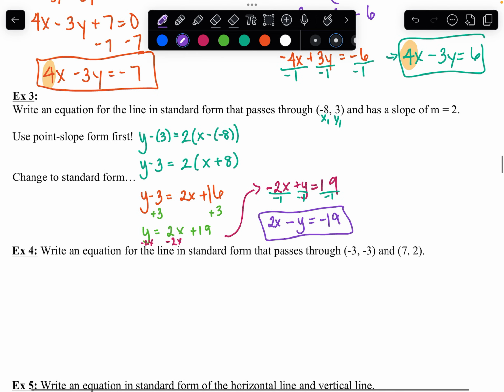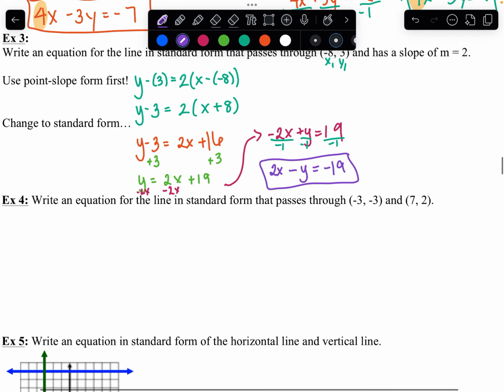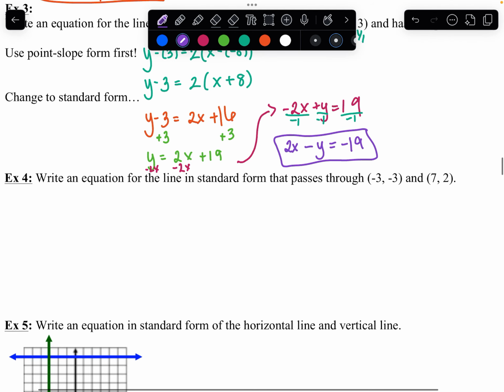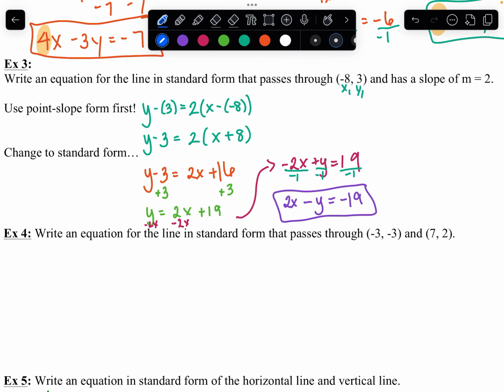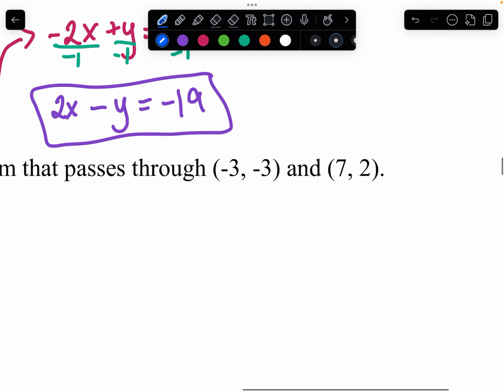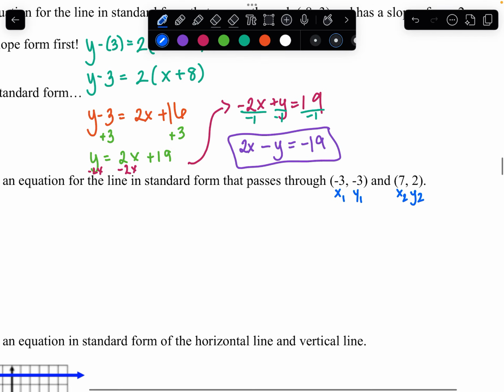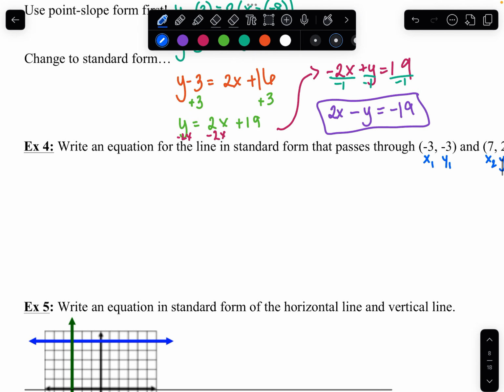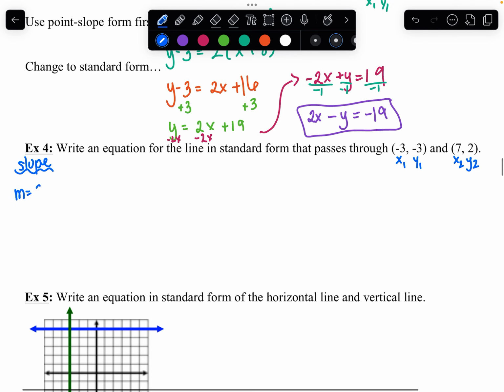Okay, here we go. We're now going to write an equation given 2 points. Hopefully you're starting to realize that we just keep building on. So this is x sub 1, y sub 1, x sub 2, y sub 2. The first thing we need to do is find the slope of our line. So our slope is y sub 2, so 2 minus -3 over 7 minus -3.